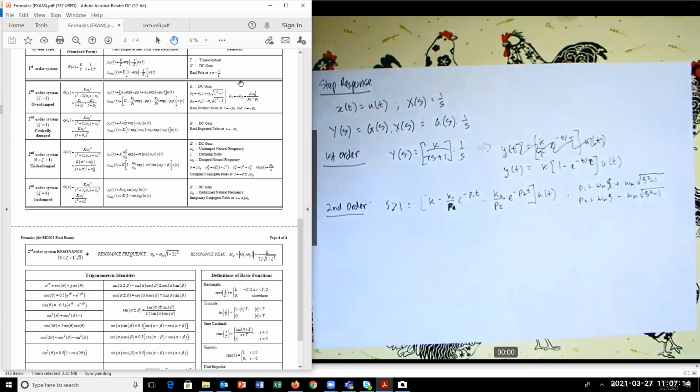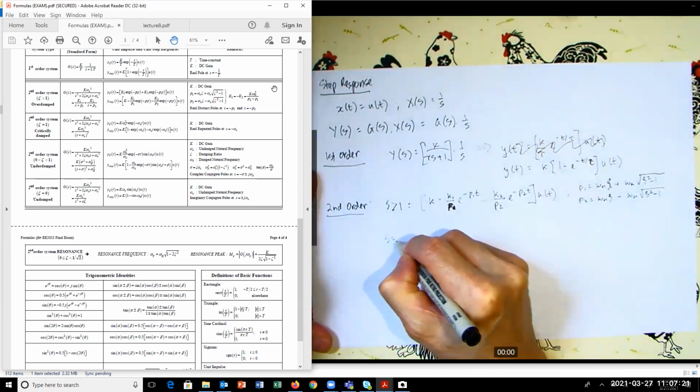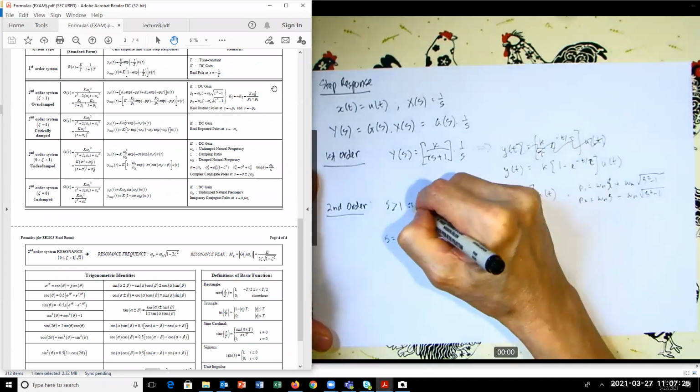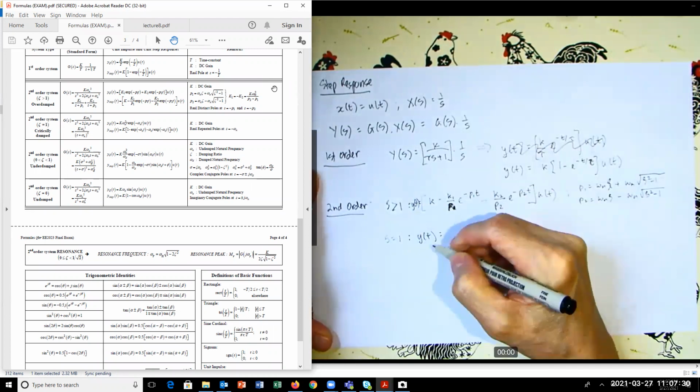All right, over here, K1 and K2. So in the case of critically damped, zeta equals 1. Then this is your y(t), don't forget. So y(t) will be the following.